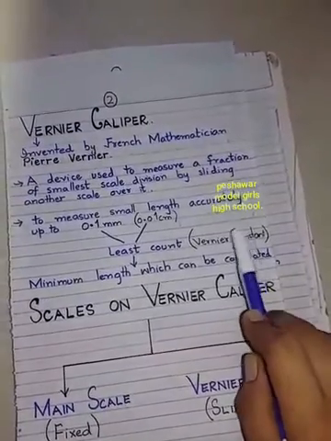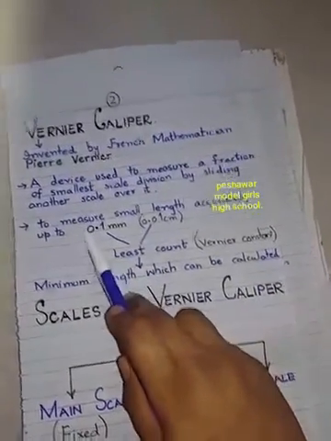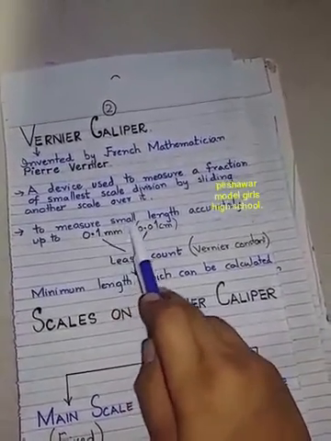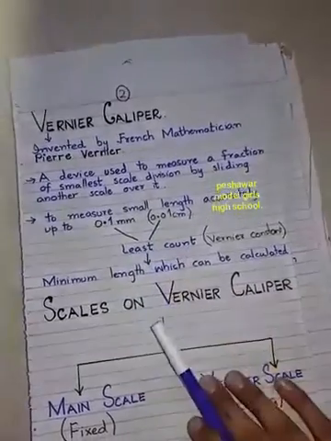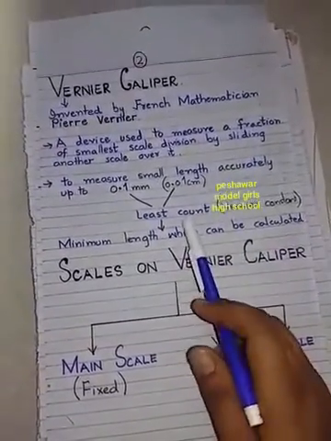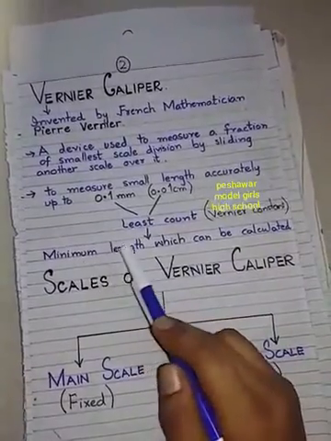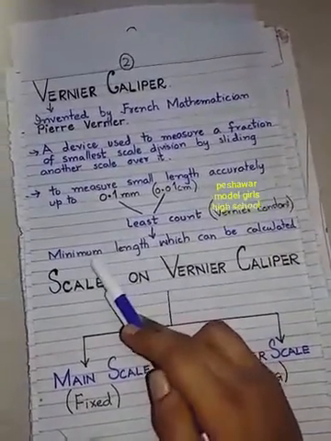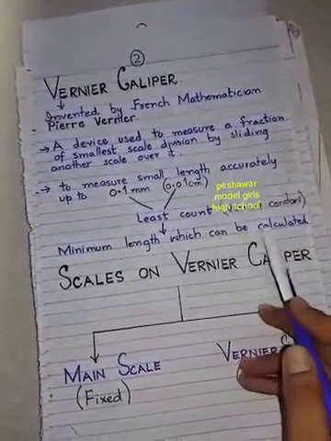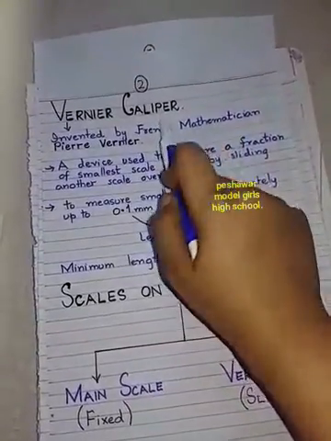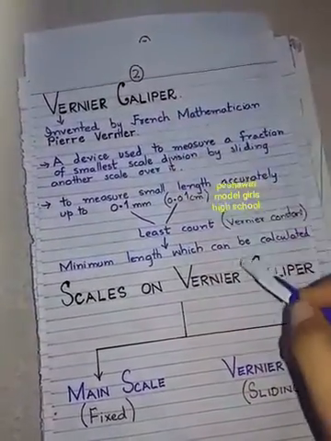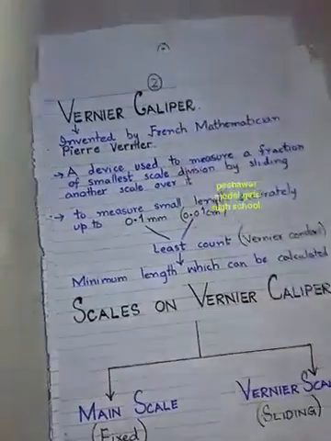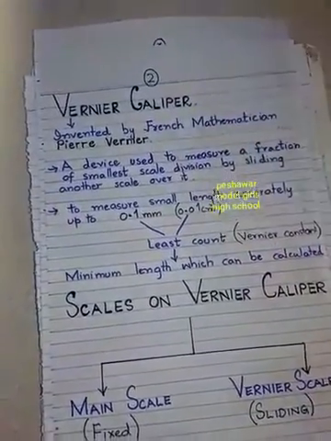So the value of the vernier constant is 0.1 millimeter or 0.01 centimeter. Least count means the minimum value which can be measured with the help of any measuring device.